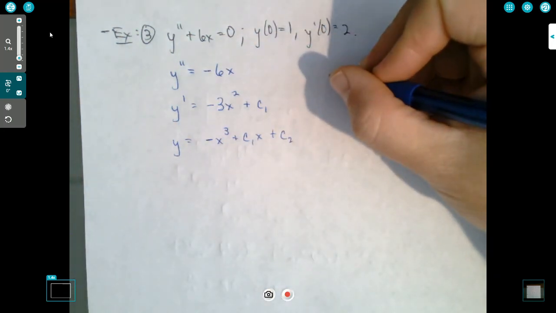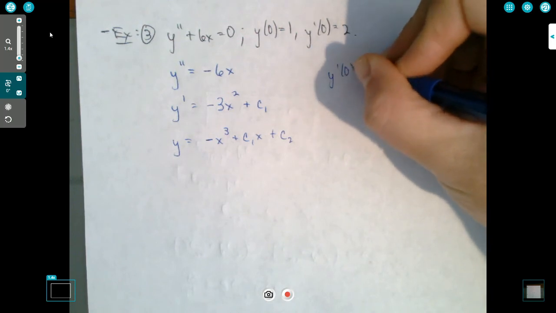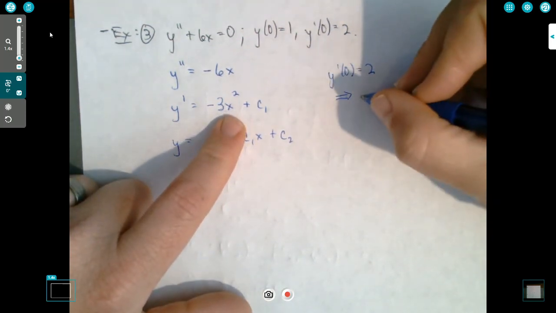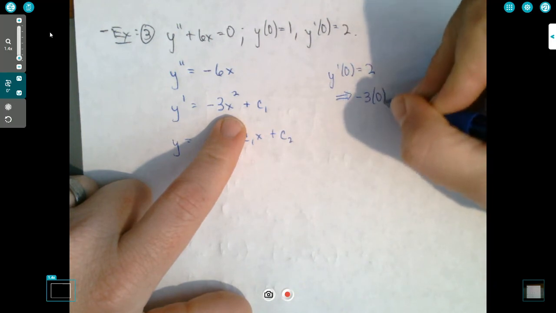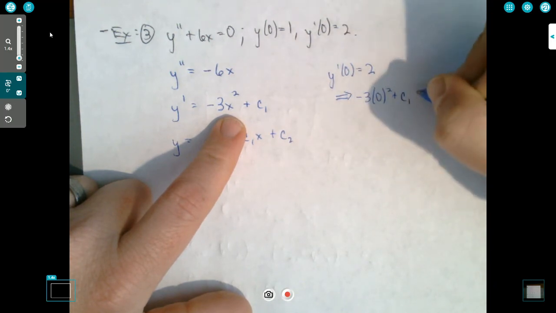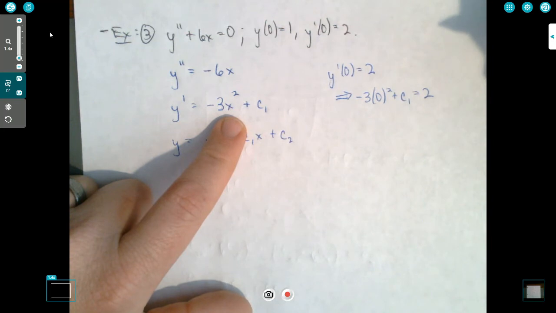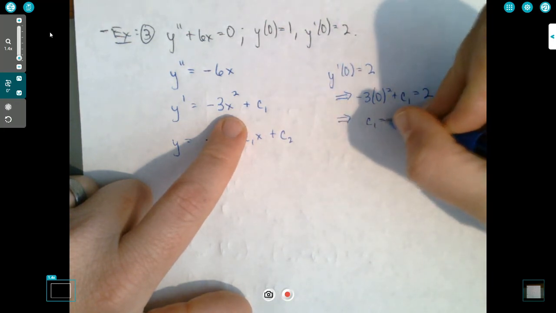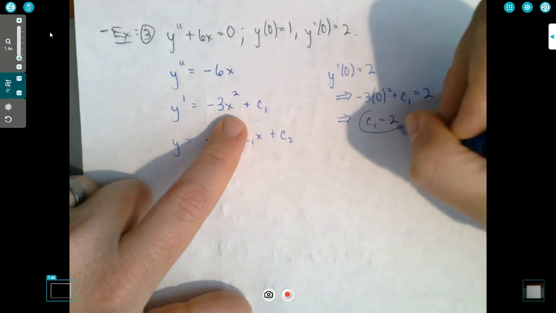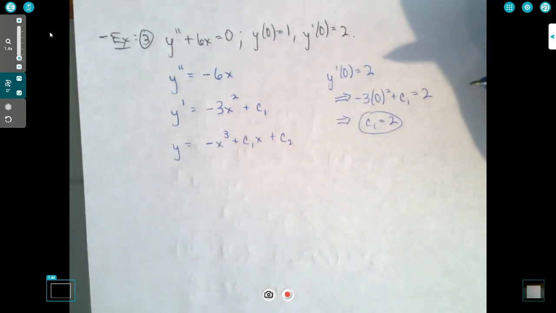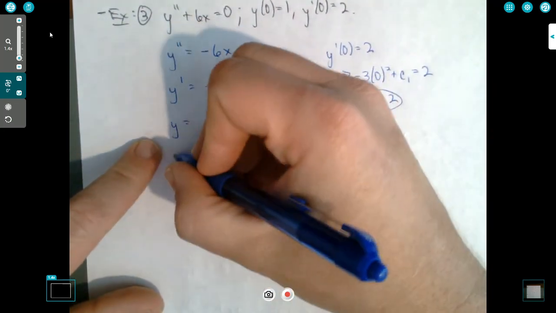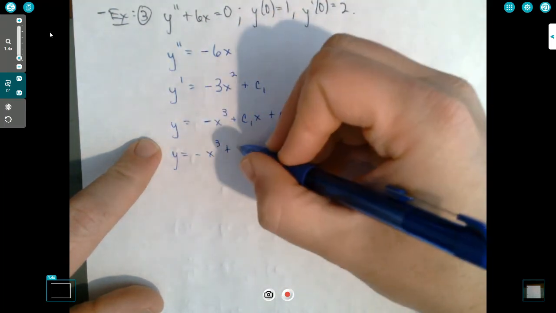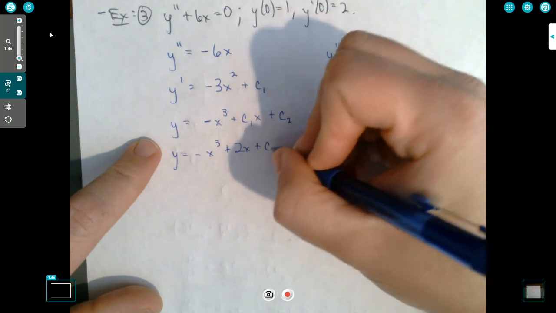So since y prime of 0 equals 2, that means negative 3 times 0 squared plus C1 has to equal 2, which means that C1 equals 2. Which means that y is really negative x cubed plus 2x plus C2.